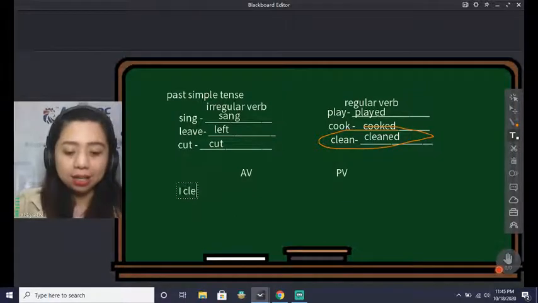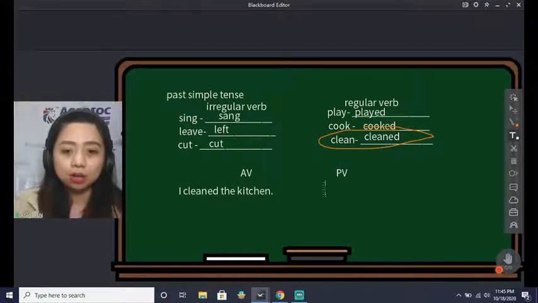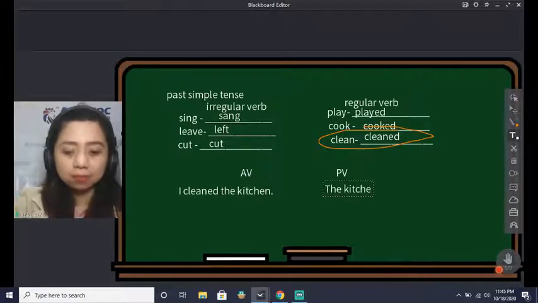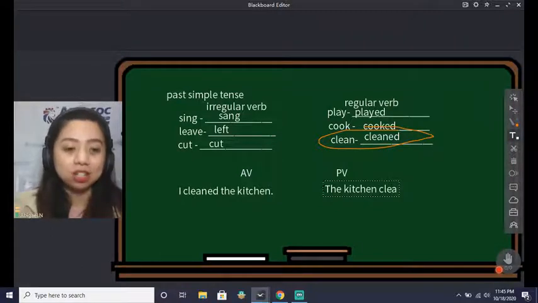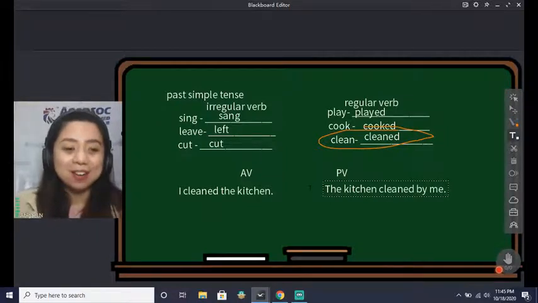I cleaned the kitchen. So how will you change this in passive voice? The kitchen. Okay, can we say the kitchen cleaned by me? Okay, is this correct?